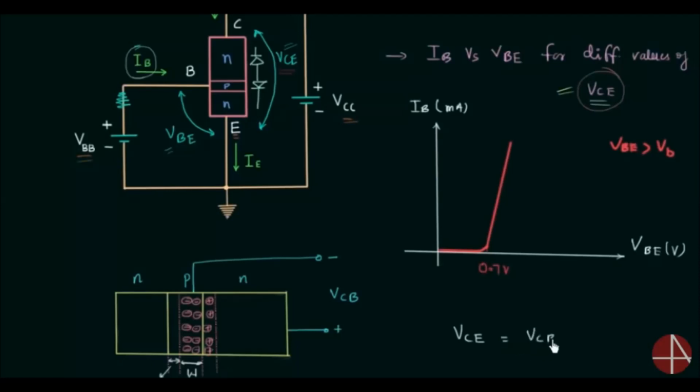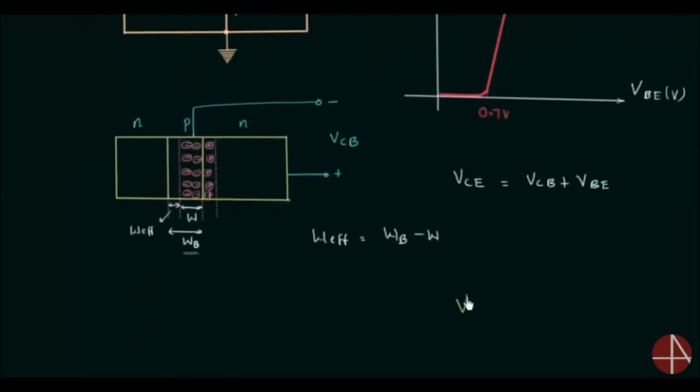VCE is equal to VCB plus VBE, and if we increase VCE, VCB will also increase. When VCB increases, the width of the depletion layer will also increase and there will be more penetration in the base region because it is lightly doped, and W will increase.